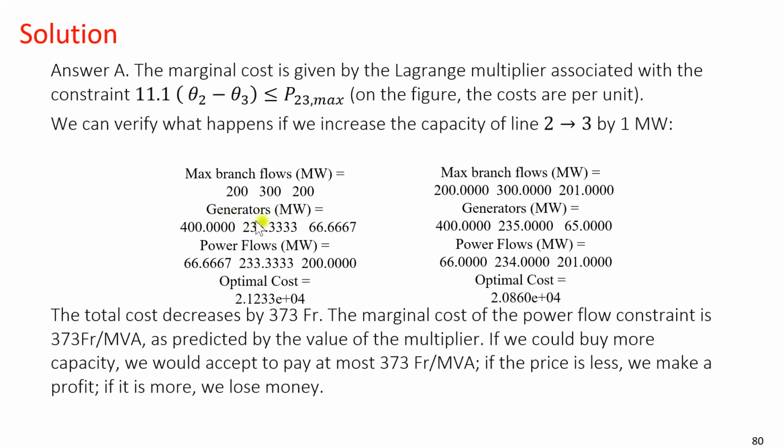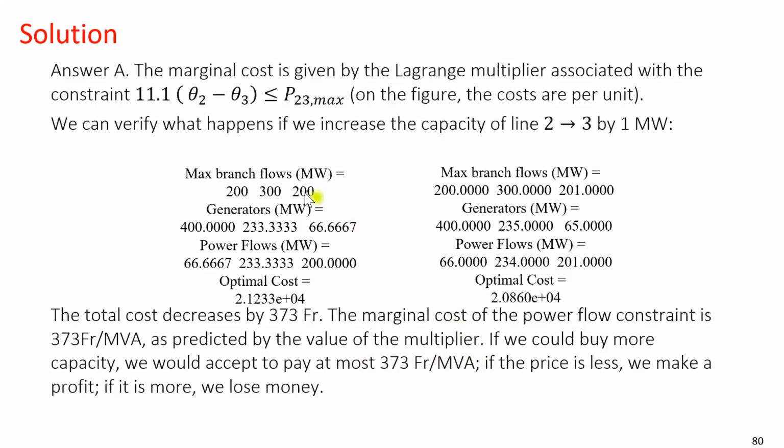Generator 2 will increase, and generator 1 will decrease. So the power flows will be transformed. The marginal cost is modified here, and the difference in cost divided by 1 unit gives exactly the price we had found here.